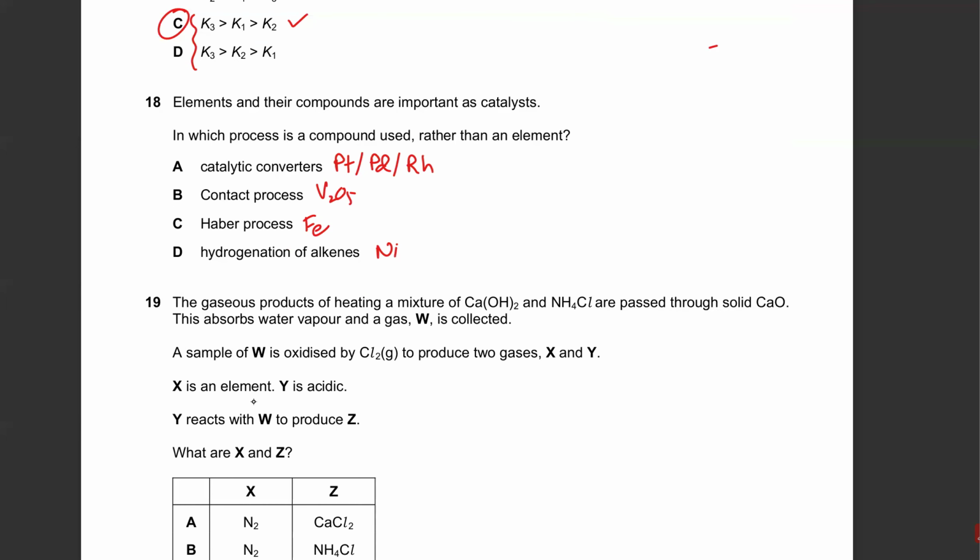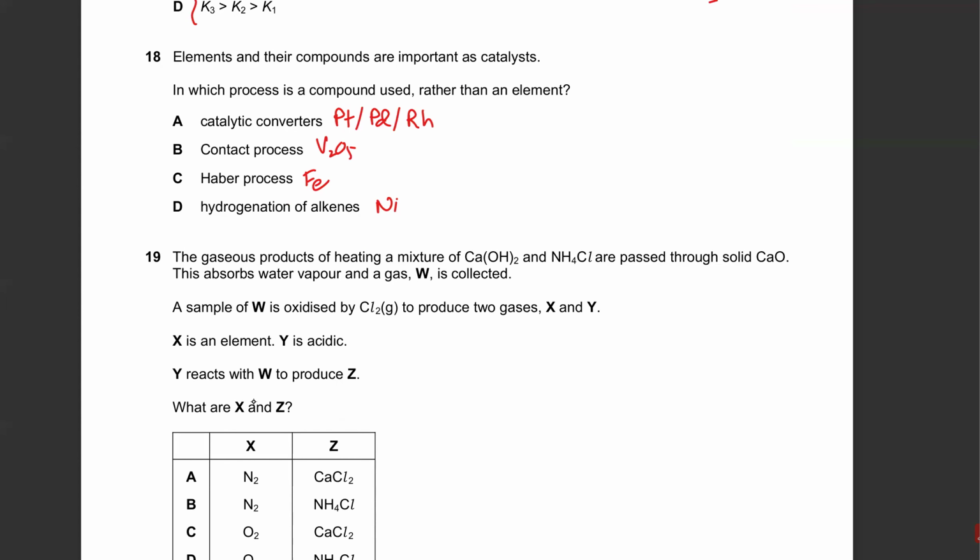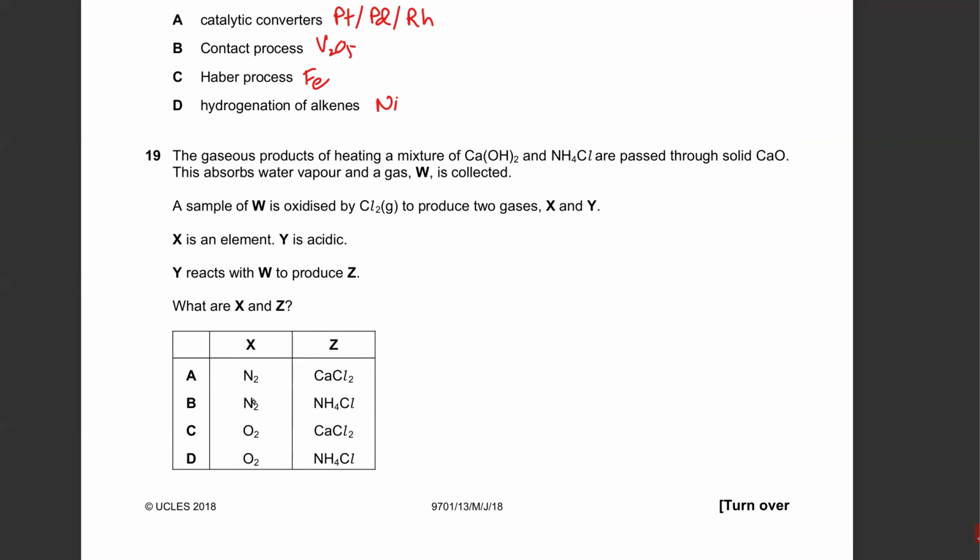Anyway, so the next one: the gaseous products of heating a mixture of Ca(OH)2 and NH4Cl are passed through solid CaO. What's the gaseous product of these two things? Ammonia gas, from the ammonium salt.